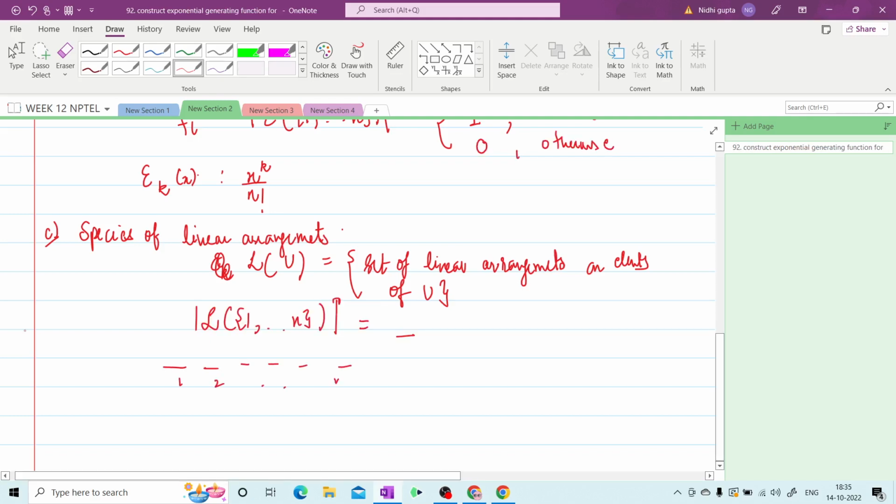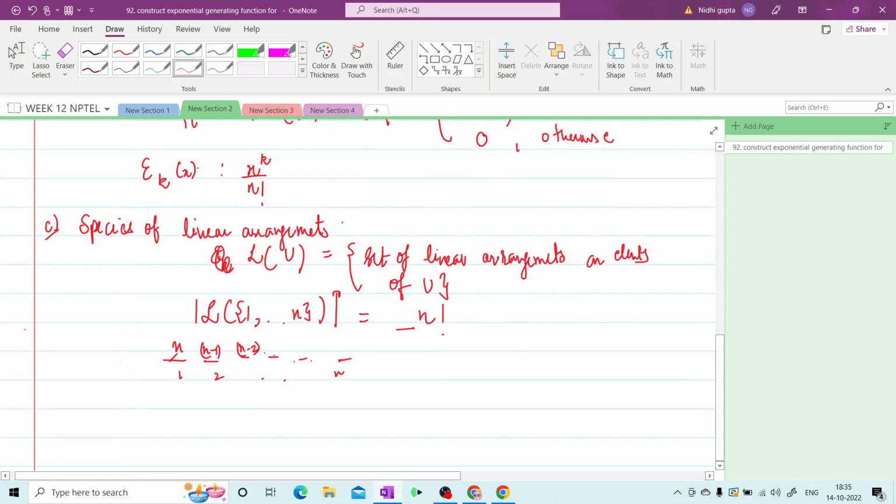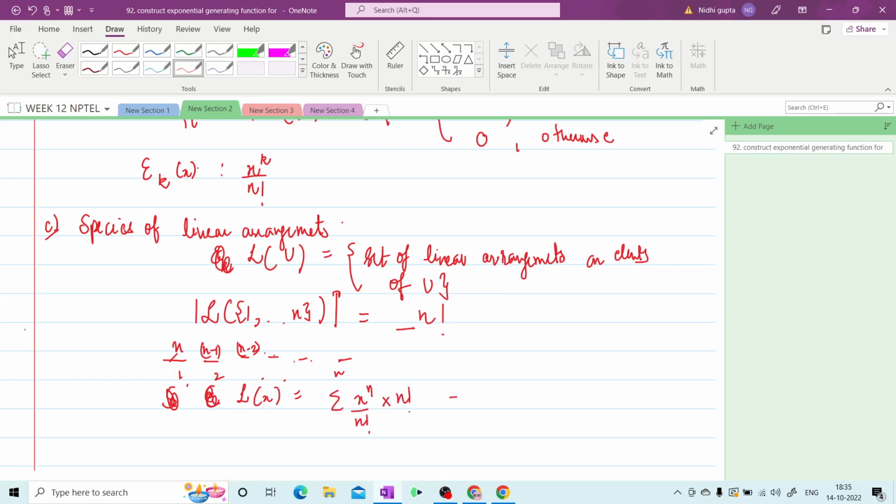We have n options for the first one, n minus 1 options for the second one, n minus 2 options for the third one, so it is nothing but n factorial. The generating function for this species is L(x) equals sigma x raised to the power n by n factorial into n factorial, which is sigma x raised to the power n, which is nothing but 1 upon 1 minus x.